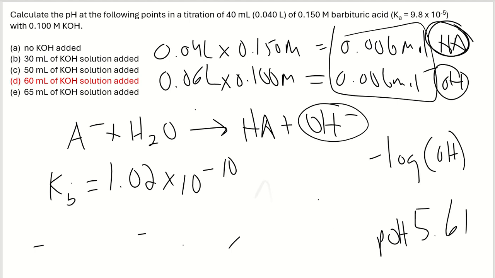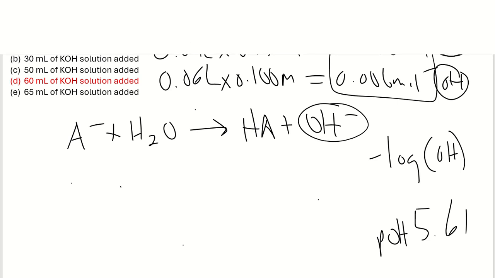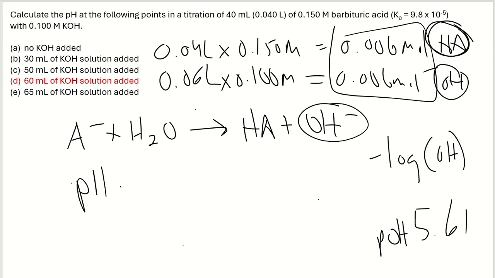Using our calculation of pOH, again, we get pH plus pOH equals 14. We found our pOH to be 5.61.